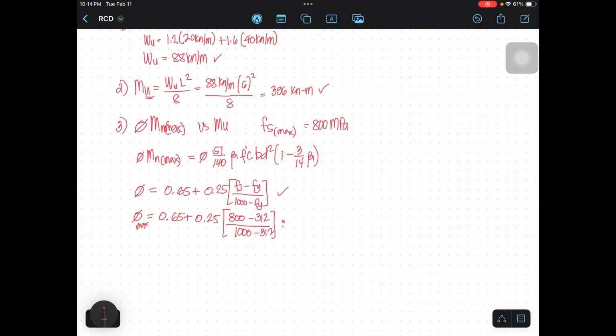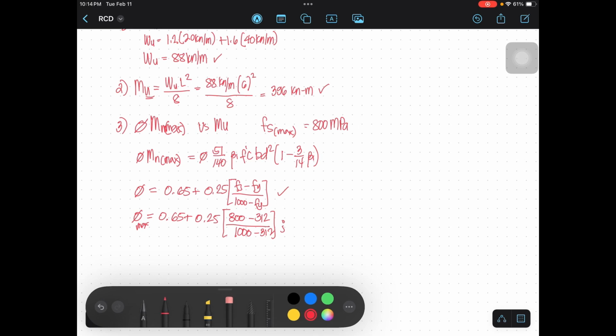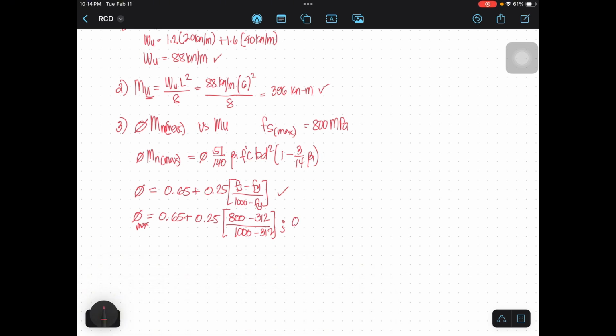Our reduction factor is 0.827. So ito yung i-multiply natin for this equation para malaman natin yung maximum design moment.